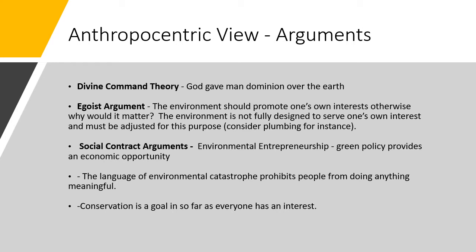I think that the egoist argument is probably one of the most compelling arguments that can be made in this direction, because what it's ultimately saying is that everything that exists in some way or another has to be somewhat selfish.